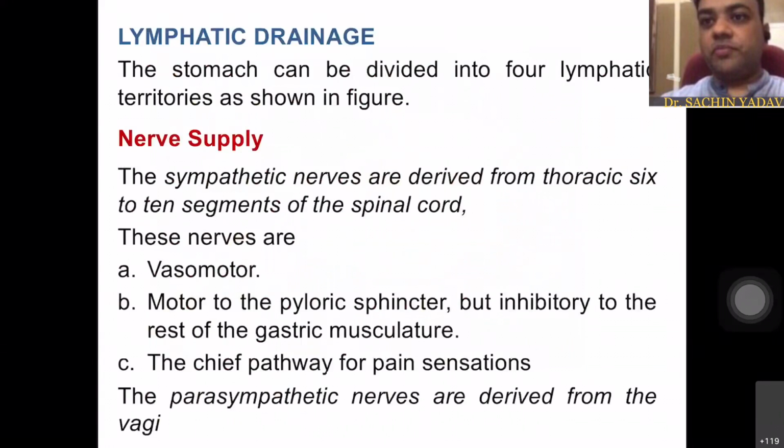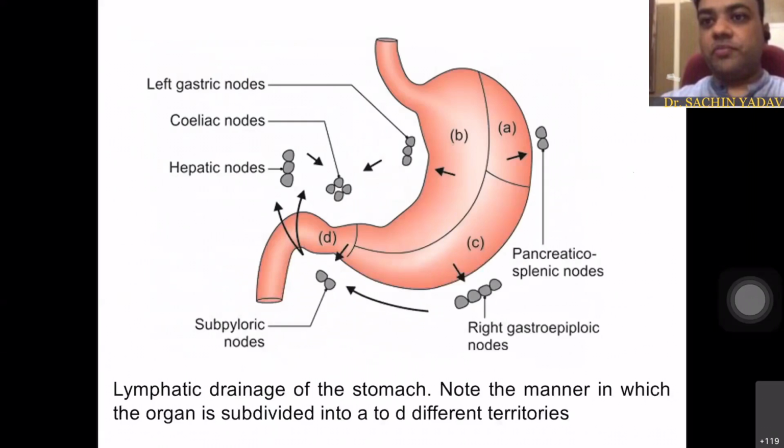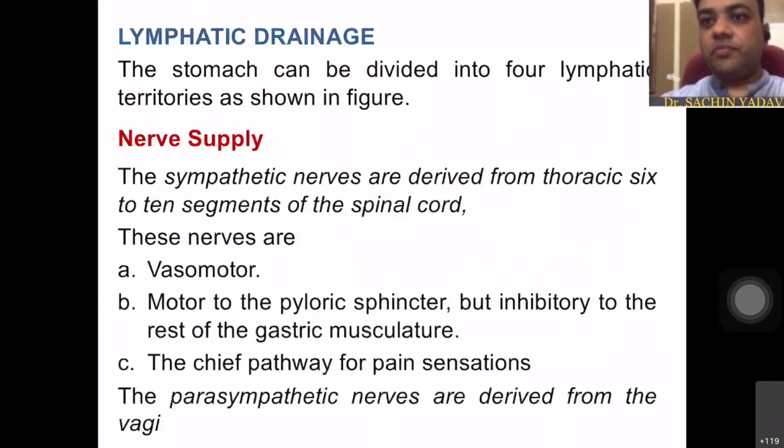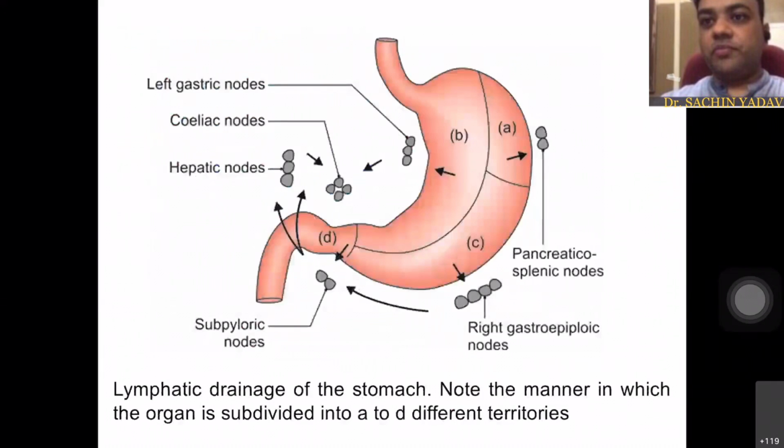So, lymphatic drainage. It can be divided into four lymphatic territories. You can see these are the four territories: along the lesser curvature, along the greater curvature near the fundus, the main lower part, and near the pyloric end. Which are the groups of lymph nodes?